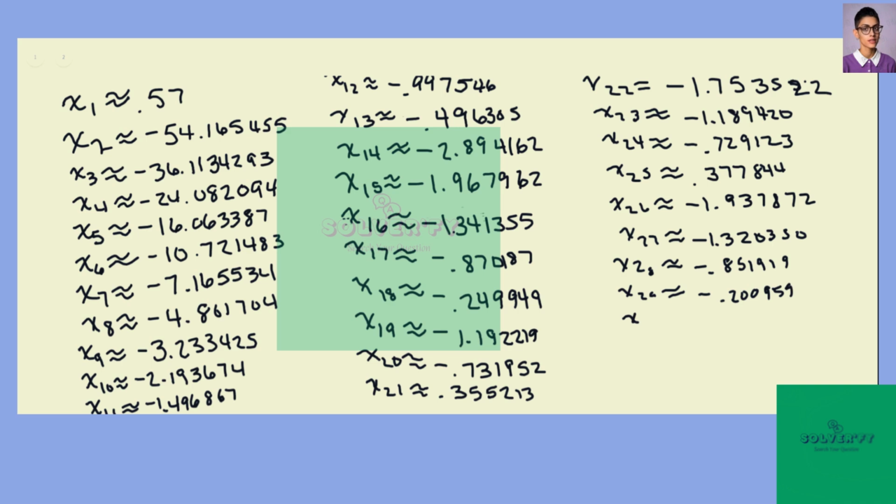X sub 30, like the song that doesn't end, just goes on and on, my friend. Negative 1.119386.